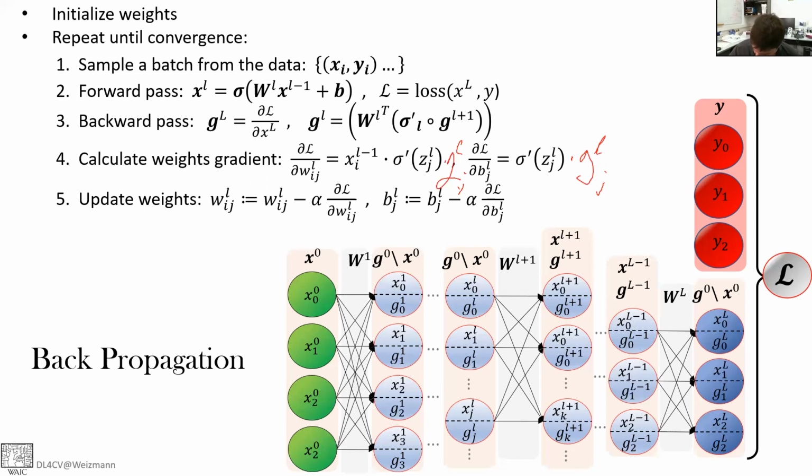Okay, and so what we've just seen is the way to perform backpropagation for what we sometimes refer to as a vanilla neural network. It has very specific kinds of layers that we got ourselves familiar with.